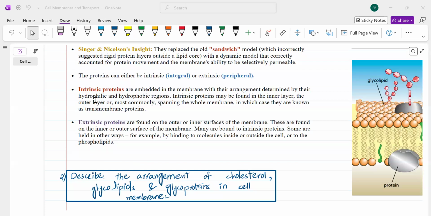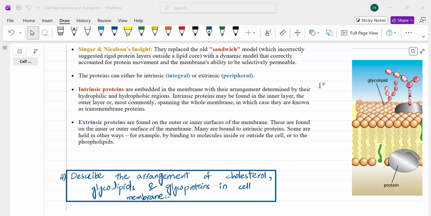If I ask you in the test how the amphipathicity of the cell membrane tells you how the components will be arranged, what will be your answer?